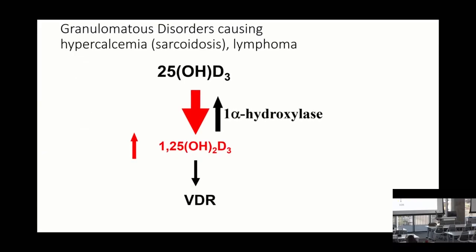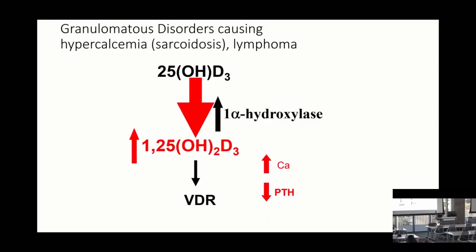And then when you have granulomatous disease, these are things like sarcoidosis, tuberculosis, the lymphomas are not granulomatous, but they also have a similar effect. What happens is 1-alpha hydroxylase is the enzyme that stimulates conversion of 25-hydroxy to 1,25, which is active vitamin D. These granulomatous diseases produce 1-alpha hydroxylase, just like the kidney does under the influence of PTH.